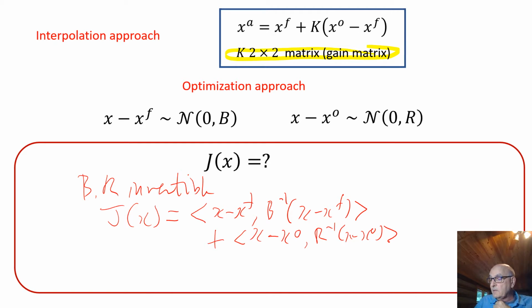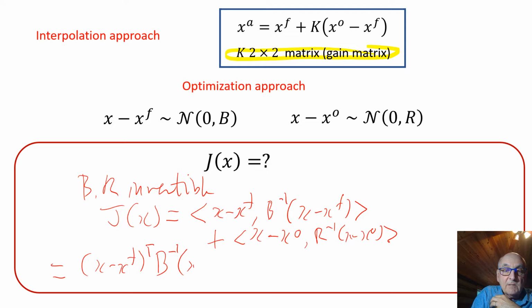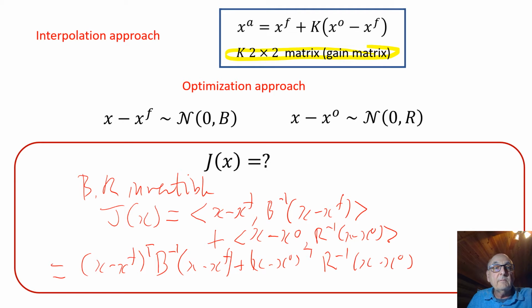Okay, O again stands for observations. So that's exactly what your J of X should be. Let's write this out in a slightly different way because it's useful. In matrix notation, it's X minus XF transpose B inverse X minus XF plus X minus XO transpose R inverse X minus XO. It's a useful form for writing it out.